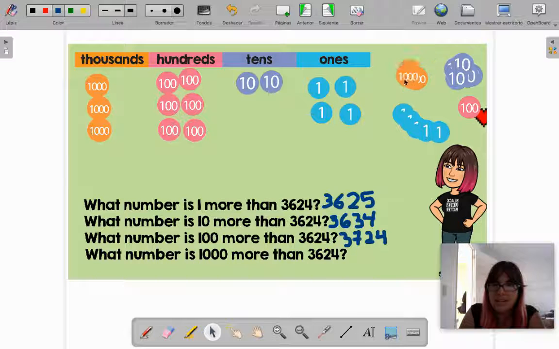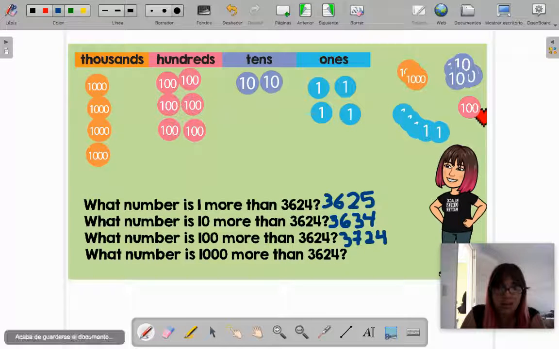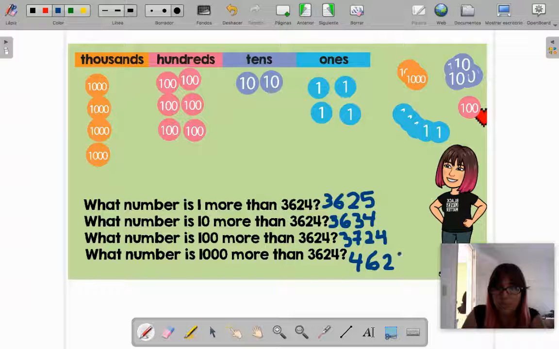That means 1 of 1,000 more here. And the hundreds, the tens, and the ones did not change. So I only add one more to the thousands. That means 4,624, because the other numbers don't change. I only change the thousands.